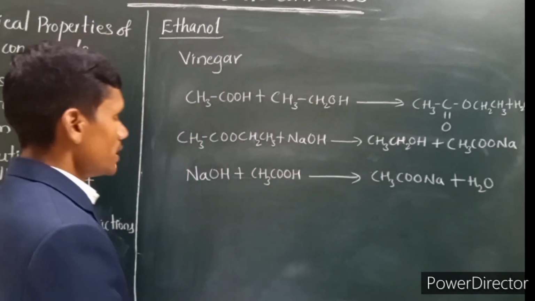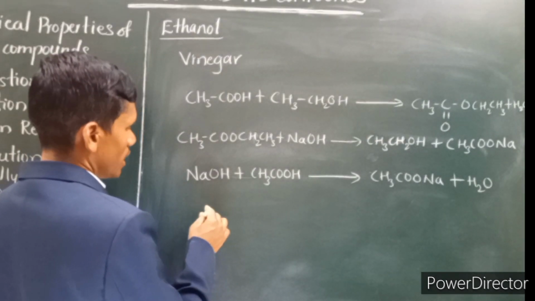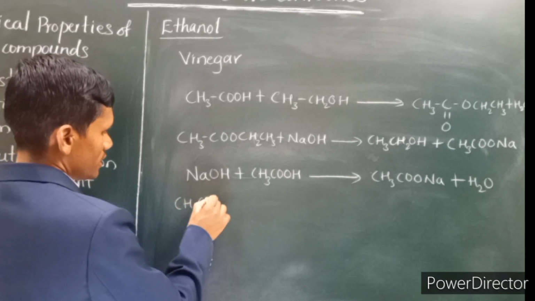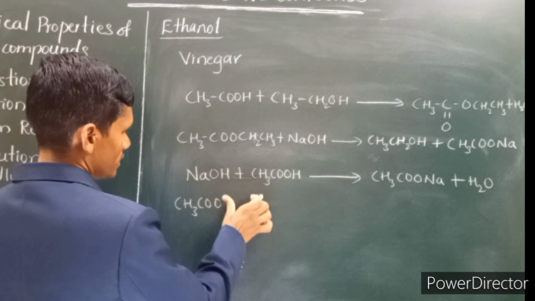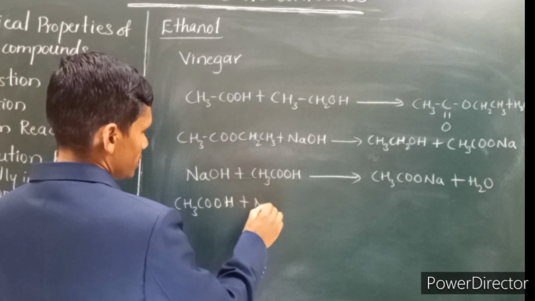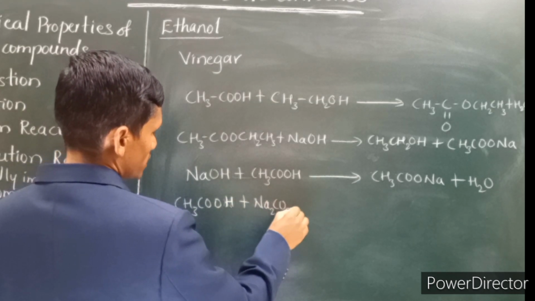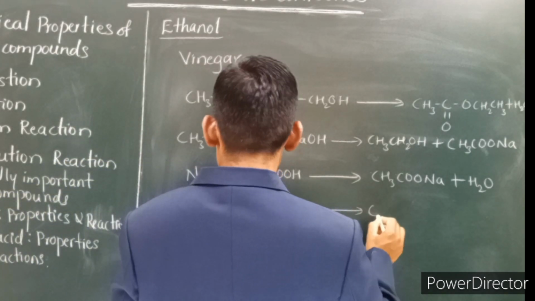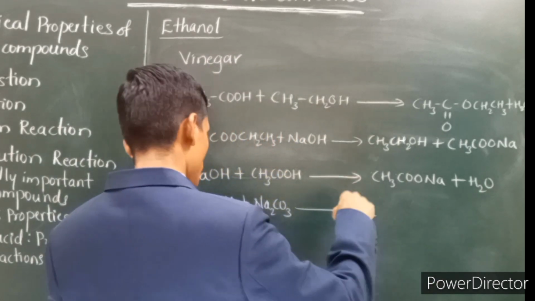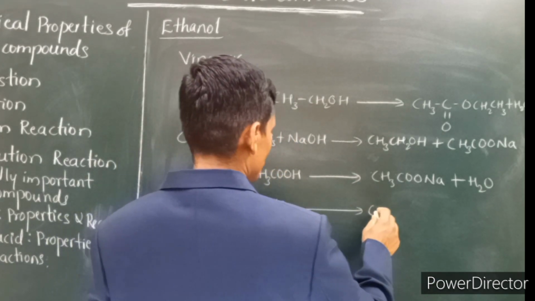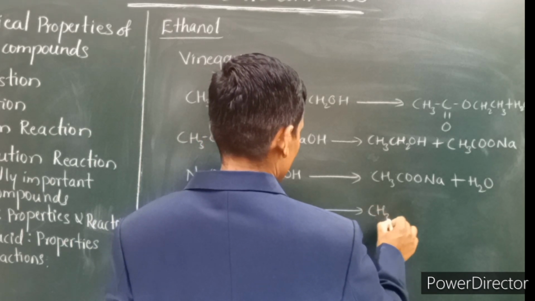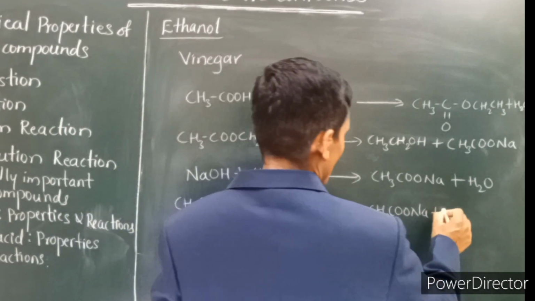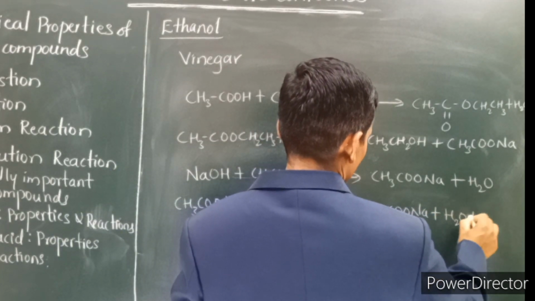If you take sodium carbonate, ethanoic acid, CH3COOH, plus sodium carbonate, Na2CO3, gives the sodium salt of carboxylic acid, that is sodium acetate, CH3COONa, plus water and carbon dioxide.